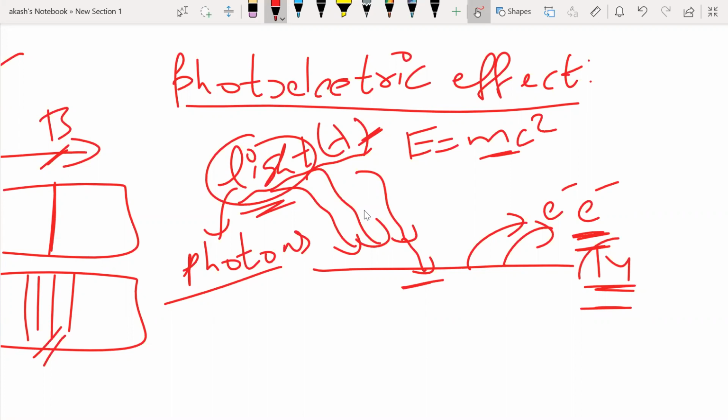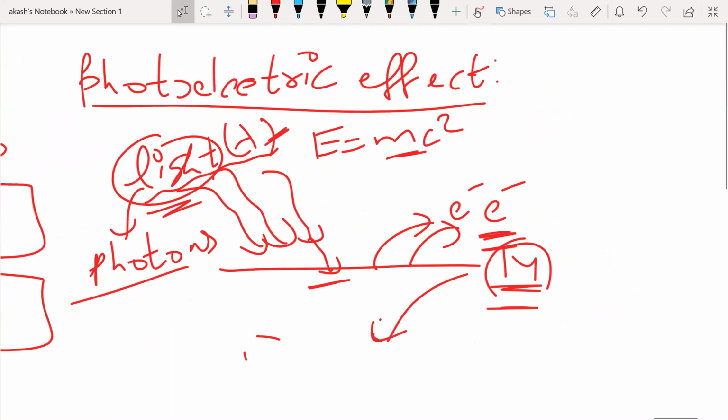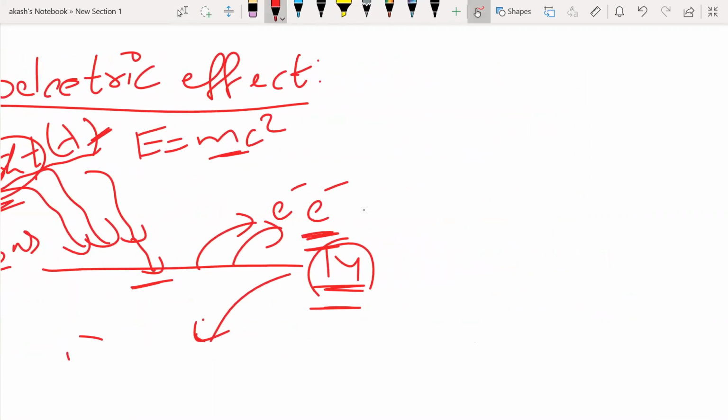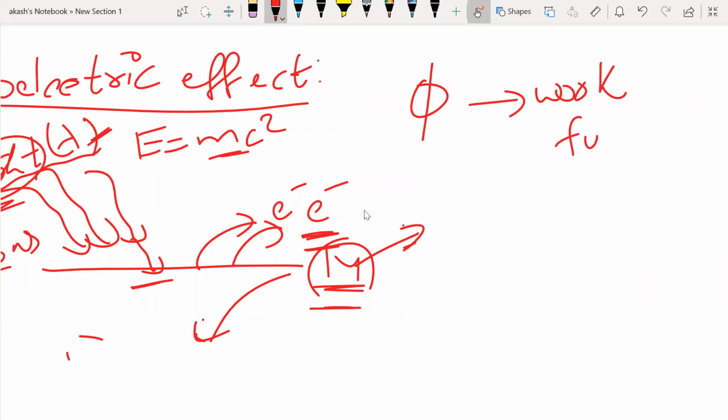That minimum energy required to take out an electron is what is called your work function, psi.